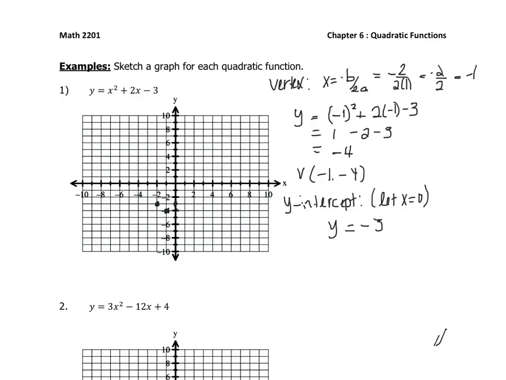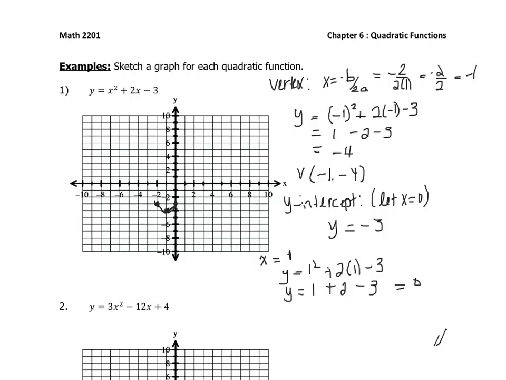Now that's not a real good sketch of the graph if we just use those 3 points. So in this case, we might want to pick another x value. I'm just going to pick x equals 1. If x equals 1, y equals 1 squared plus 2 times 1 minus 3, which would equal 1 plus 2 minus 3, which is 0.